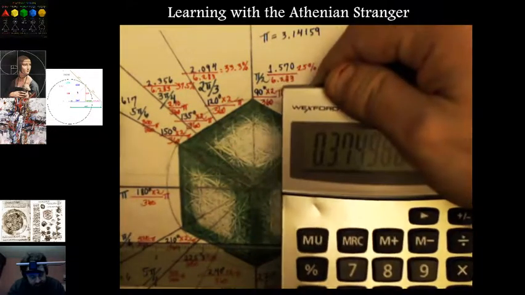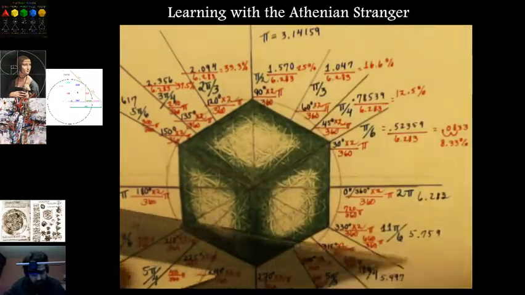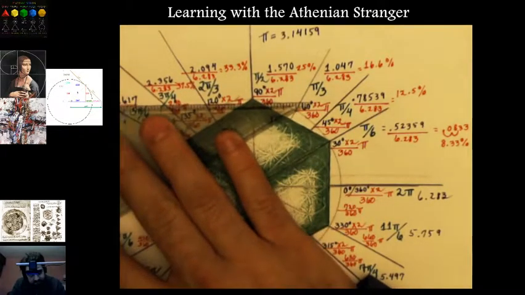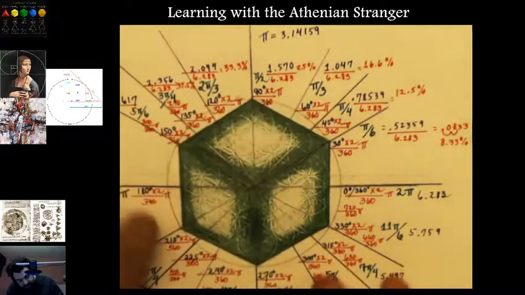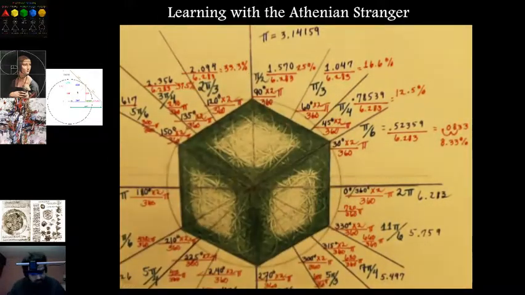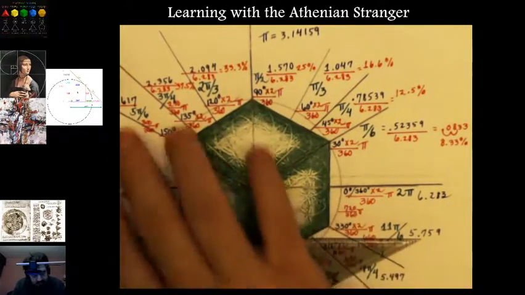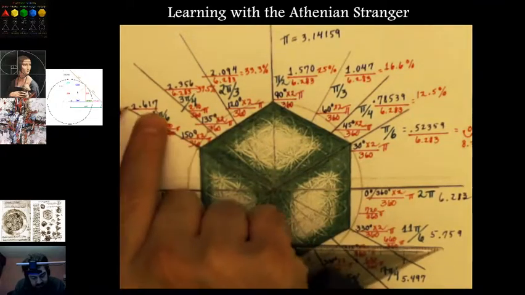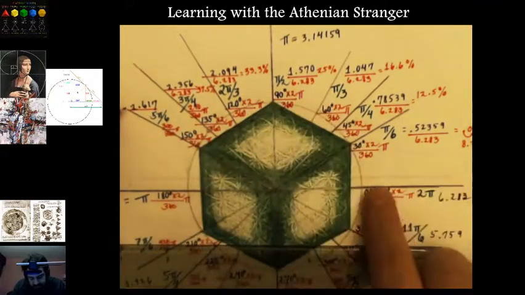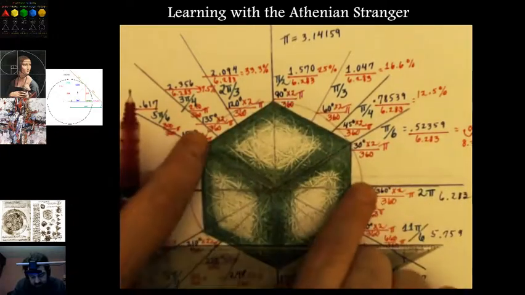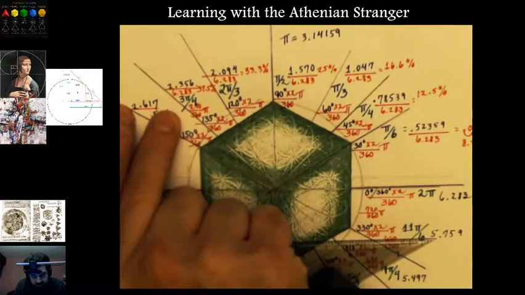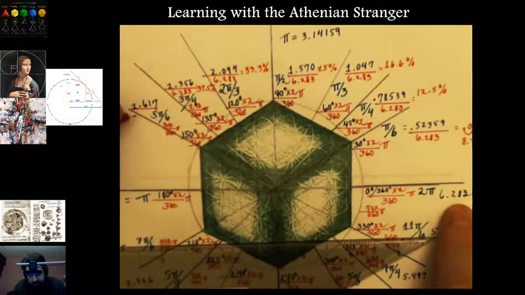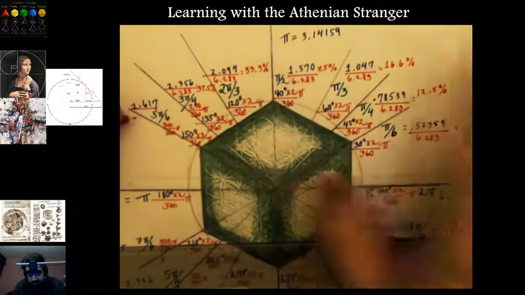At 150 degrees, what percent of the circumference of the circle is represented by 150 degrees, or this circumference portion that we're calling 2.617? Well, the total circumference of the circle is 6.283, 2 pi r.